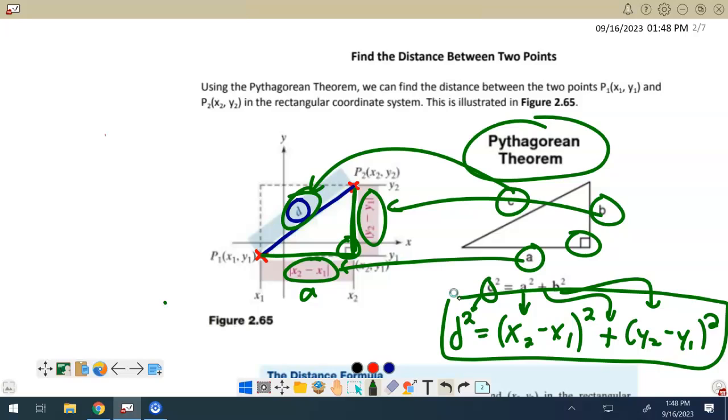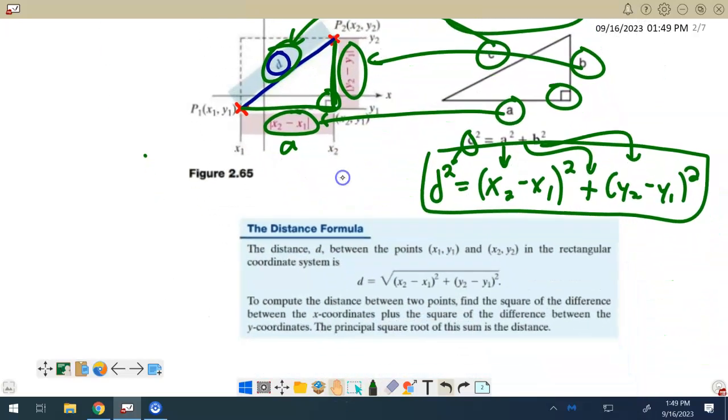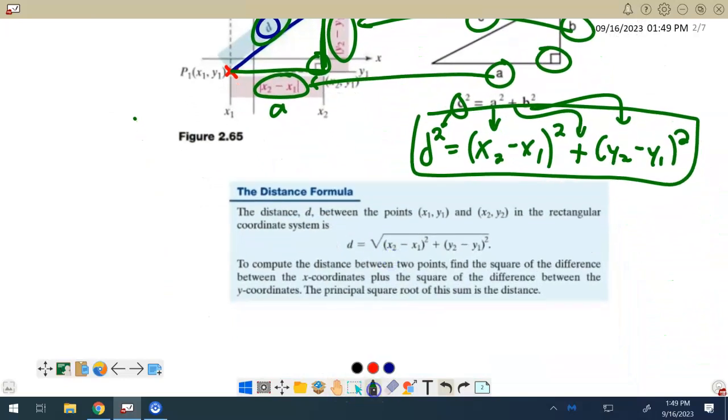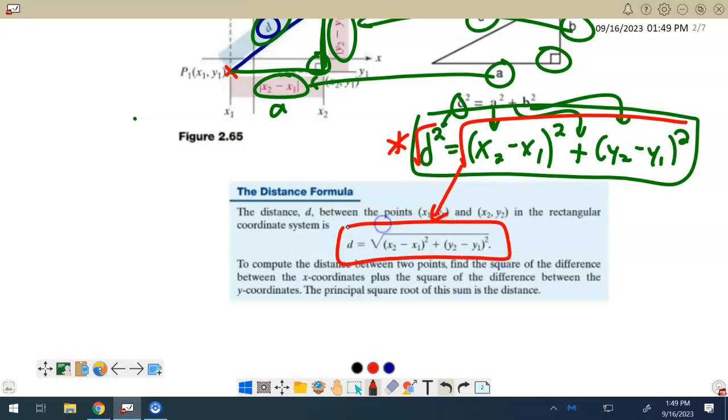It's really just a squared plus b squared equals c squared. That is the distance formula. And so that's what we have on the chart here. Now, this formula looks a little different than what we have here. I honestly prefer leaving the formula in this form, but if you really want to solve it for the distance, you want to get rid of that power of 2, you would just take the square root of both sides, and that gets you to the formula that you see on the screen here.